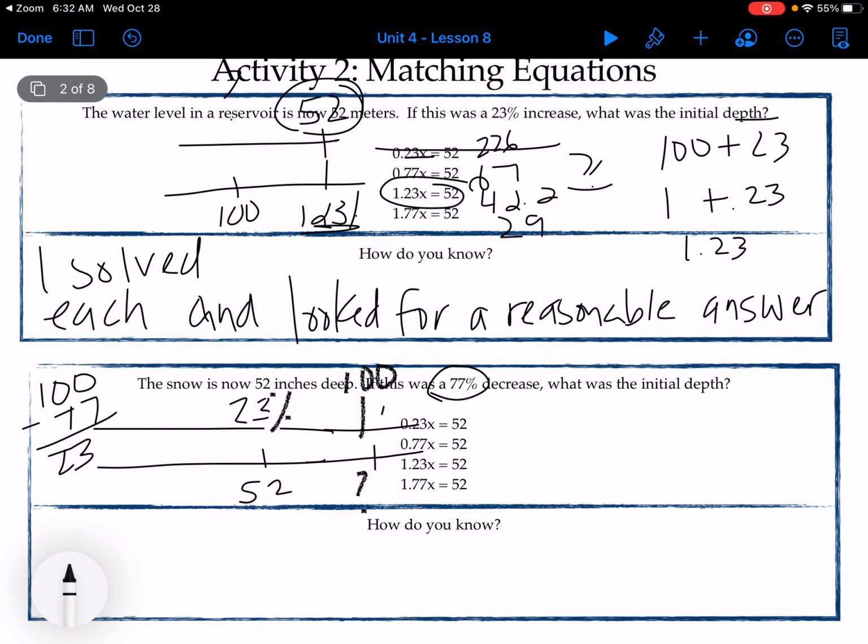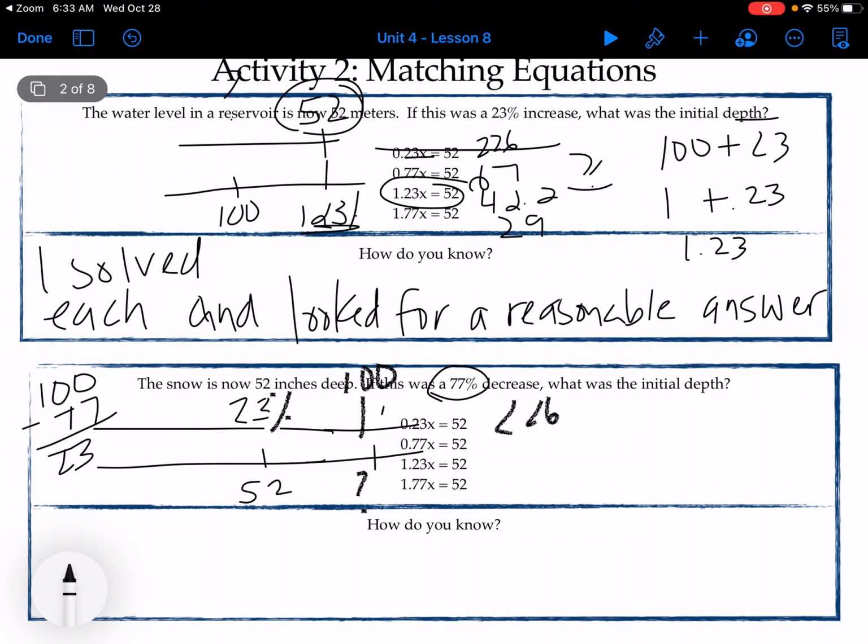So I know that I can use my strategy where I divide. I'm thinking it's going to be one of these ones with 23 in it. But let's check. So 52 divided by 0.23, I get 226.